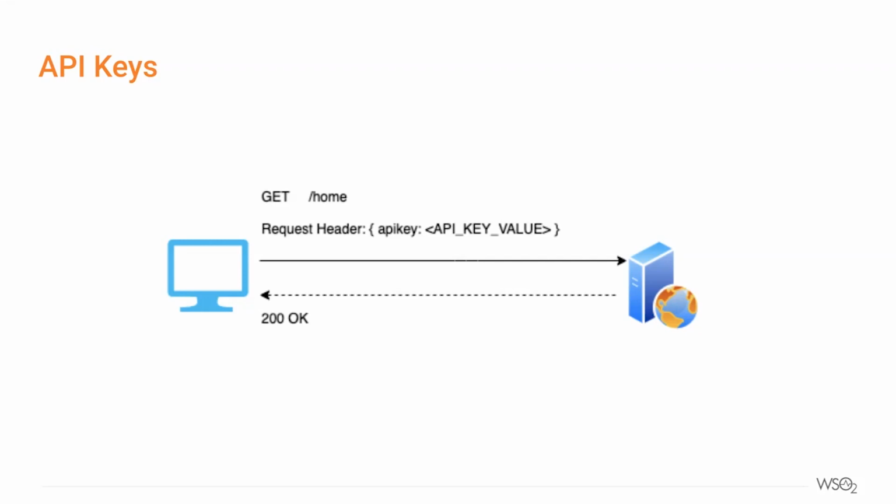API keys are widely used in the industry, and this has become some sort of a standard due to its simplicity. But this is not a good security measure. API keys are recommended for system to system communication.